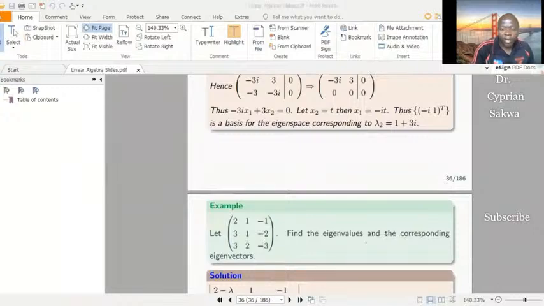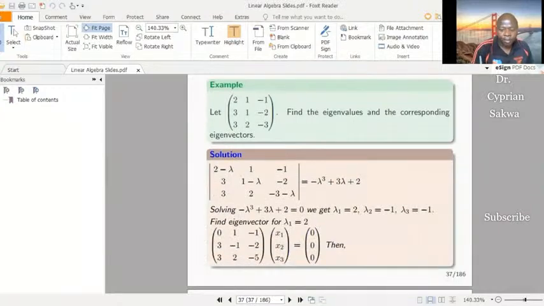I think those examples are enough on determining eigenvalues and the eigenvectors. So now I wanted a good example where the eigenvalue was repeated.